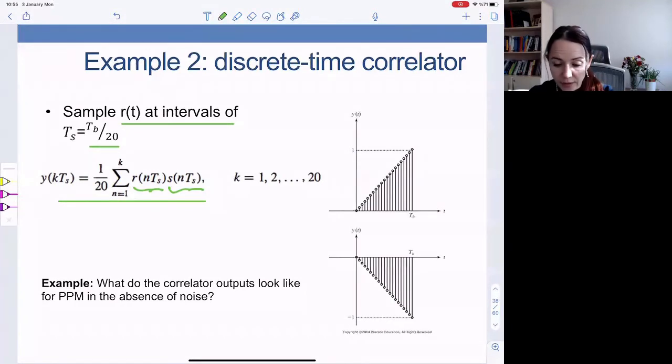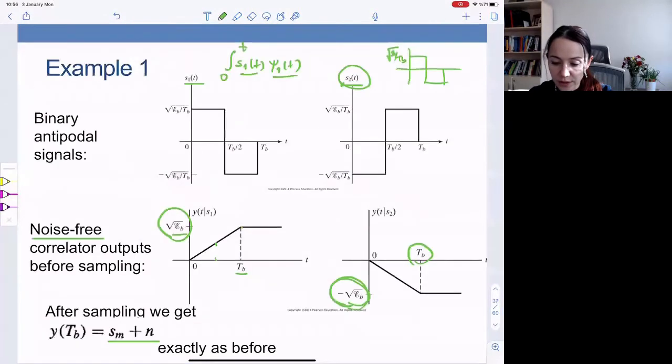And again, the correlator output is going to peak at TB, whether it's positive or negative, it's going to make a peak. Now, this is for antipodal signals.